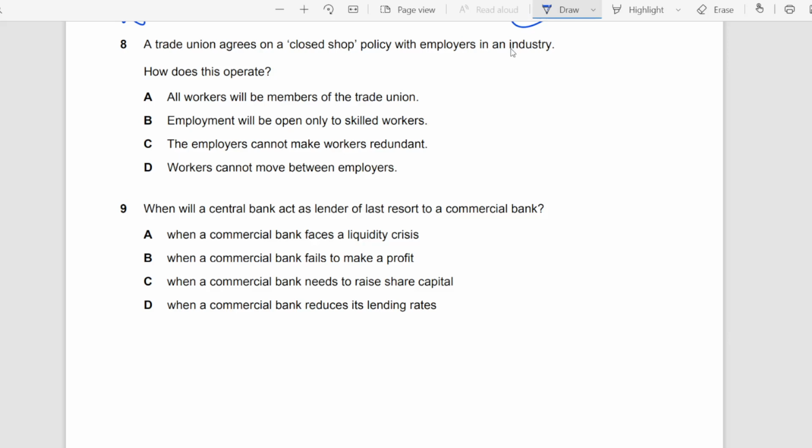You understand? The company will not allow them to be members of any other trade union, or to be independent of the trade union.